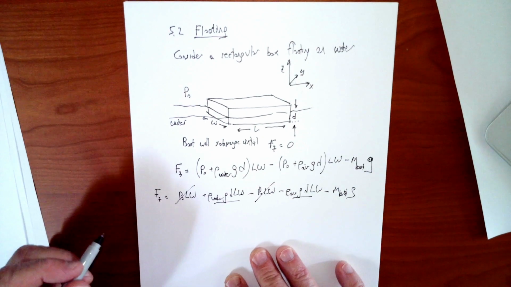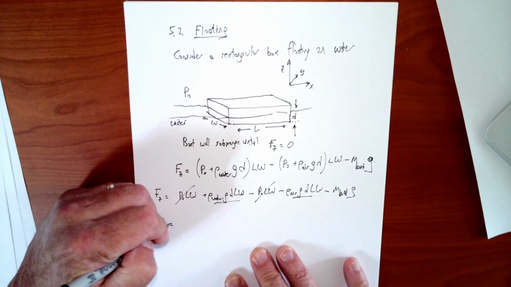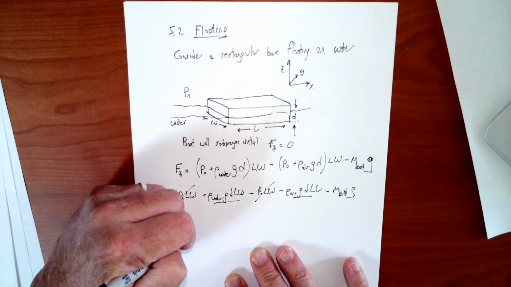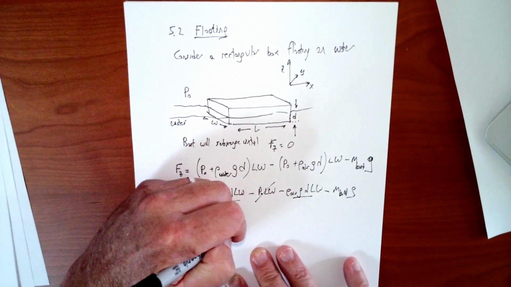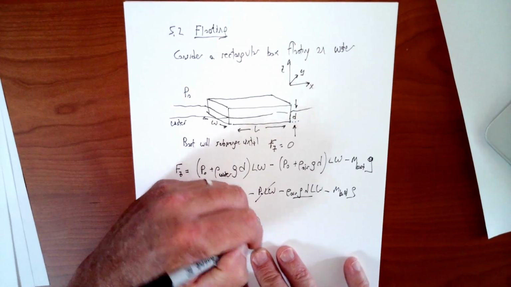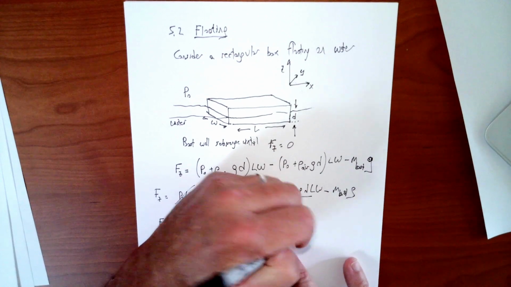They both have G D L W, so we're going to rewrite those. So we've got G D L W times rho water minus rho air, and then finally we just have this gravitational term, M boat G.